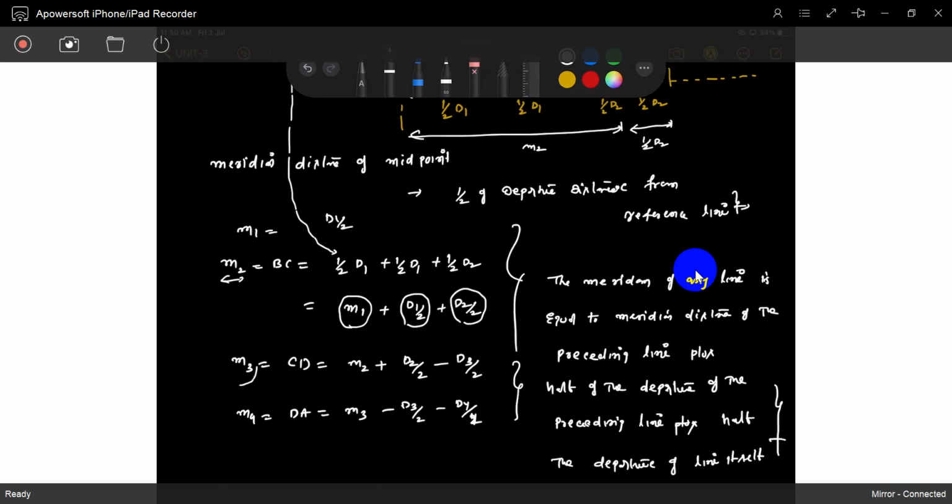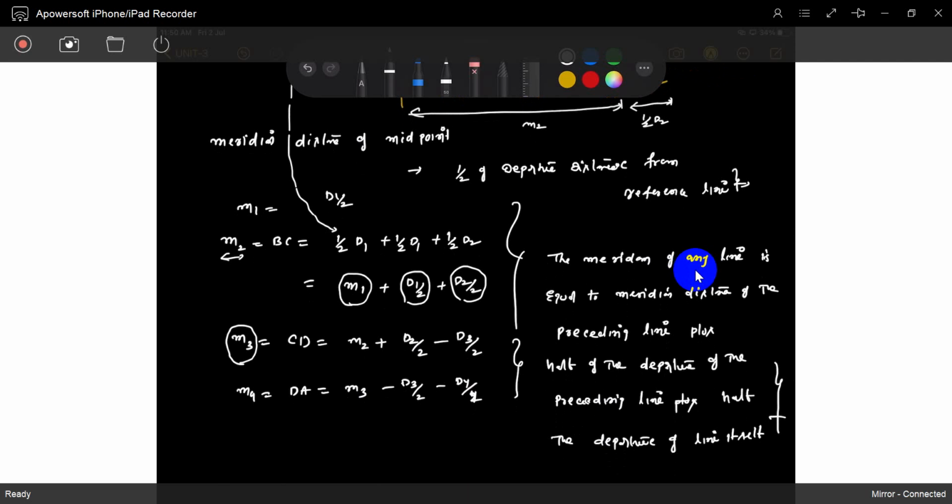Same for M3: the meridian distance of the previous line, half of the departure of the previous line, half of the departure of the line itself.